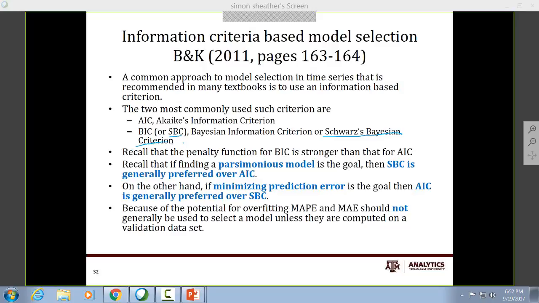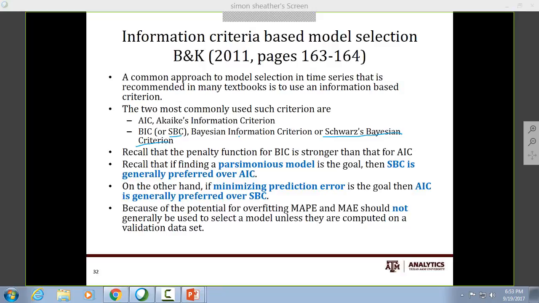Now, remember from 608, the BIC penalty is stronger. If you want to find a parsimonious model, that is, if you want to get ARMA 1-1 when it is ARMA 1-1, then you should use SBC. If you don't care about interpreting the model and you're just interested in having the lowest prediction error, then AIC is generally preferred.